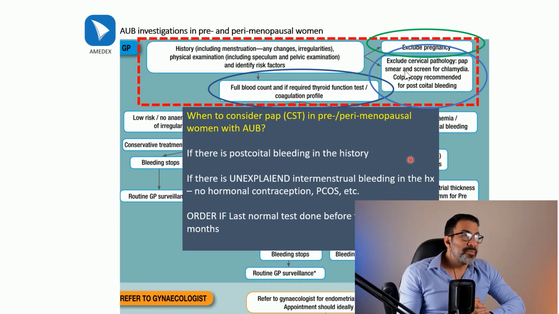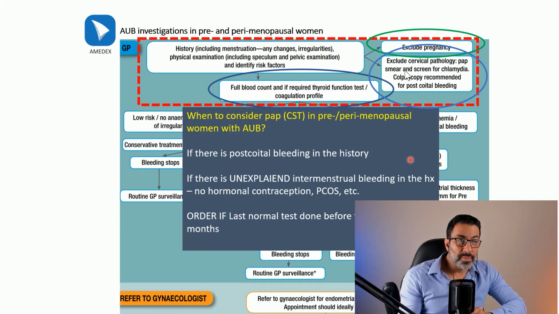We consider pap smear if there is postcoital bleeding in the history, like the ladies saying, doctor, I noticed some blood after I had sex with my husband or my partner. Or if there is unexplained intermenstrual bleeding in the history.